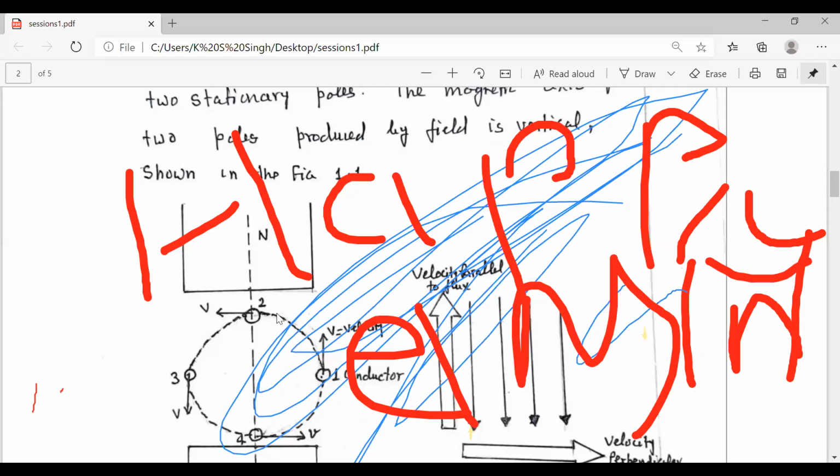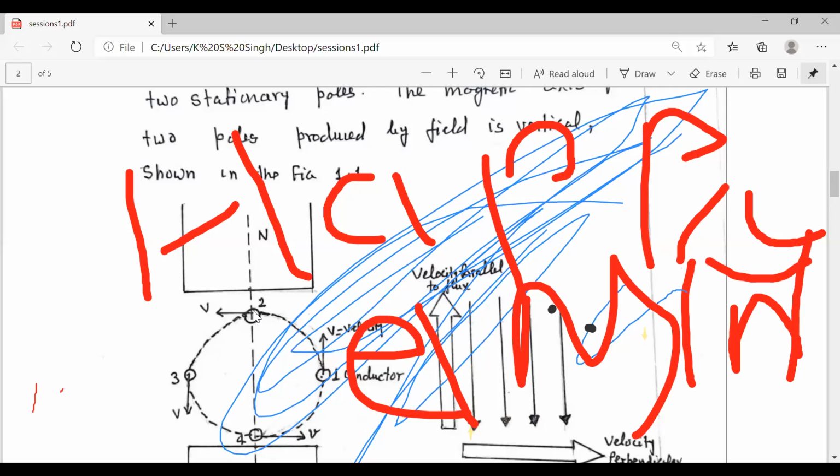As we move from 1 to 2, the induced voltage keeps increasing. At point 2, the velocity is perpendicular to the direction of the flux, so maximum flux is cut by the conductor and the induced voltage is maximum.